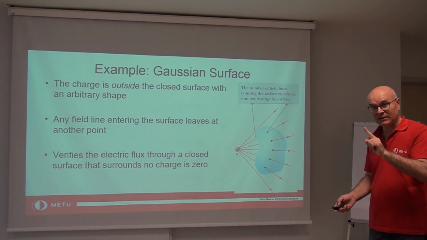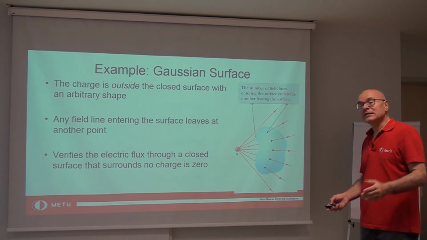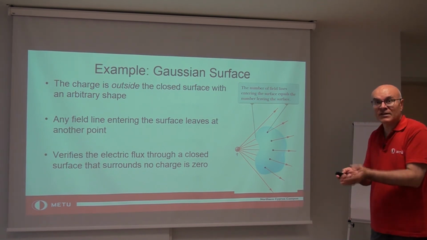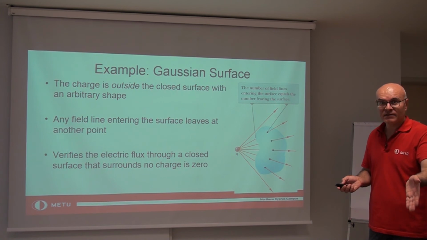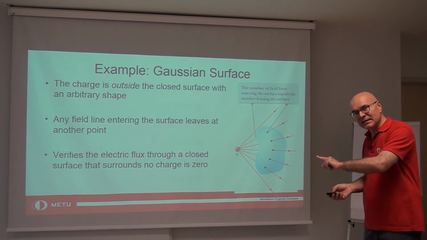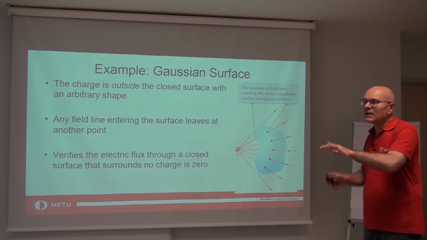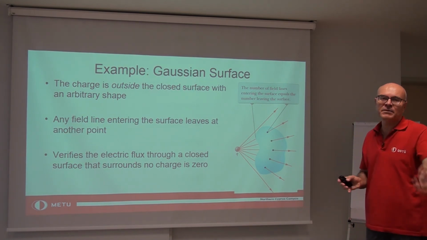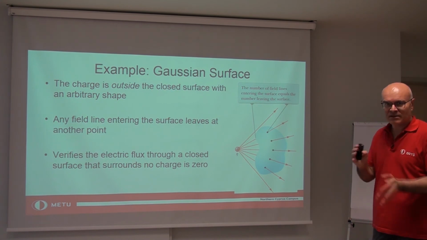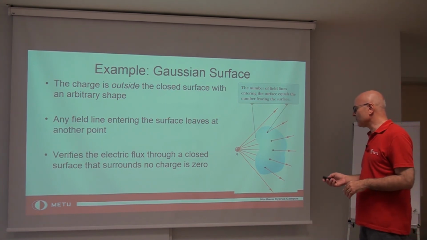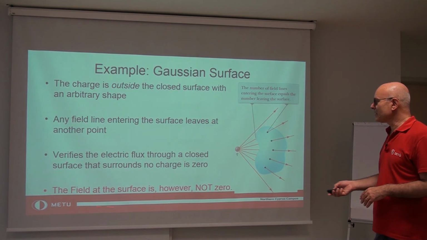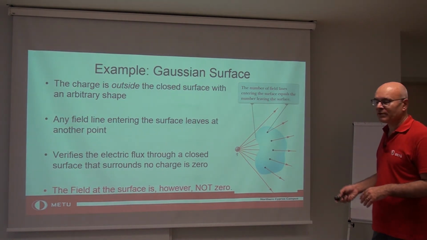Okay? This is quite important. But if you have a 0 electric field on a whole surface, you must have 0 flux. So 0 flux through a closed surface does not mean 0 electric field, but 0 electric field on a surface definitely means 0 flux. This is something that you have to keep in mind. So this is important. Okay.